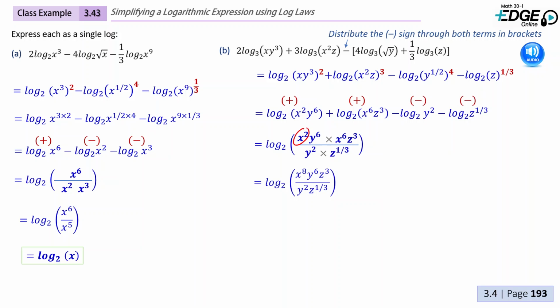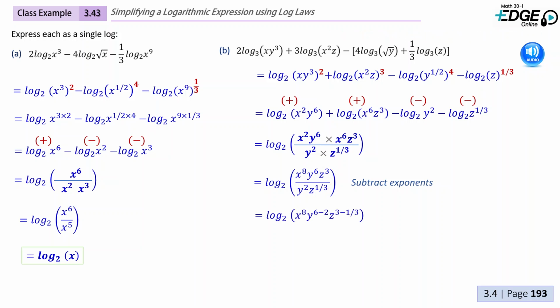So our x squared times x to the 6 became x to the 8. y to the 6 over y to the 2, we'll simplify that down to y to the 4 in the next step. z to the 3 divided by z to the power of 1 over 3. So we need to subtract those exponents. And we get log base 2 of x to the power of 8, y to the power of 4, z to the power of 8 over 3.